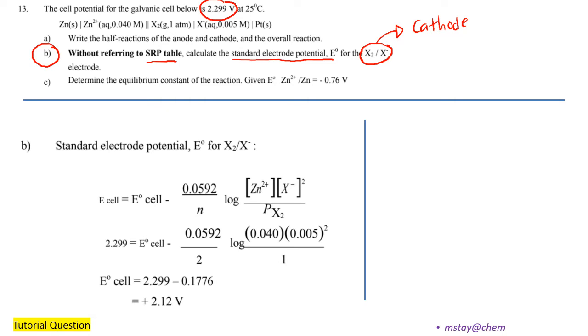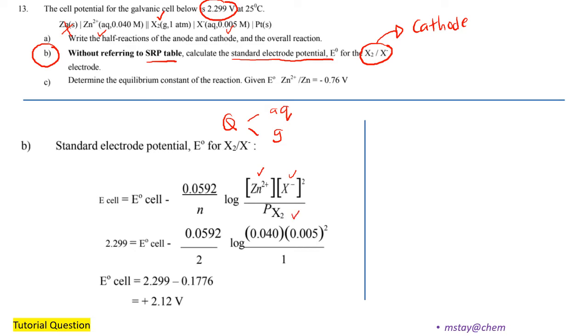The Nernst equation is E cell equals E naught cell minus 0.0592 over n log Q. When you notice this, the product in this case is zinc 2 plus, and X negative is also a product. We always mention that for the reaction quotient, we include the species in the aqueous state and also the gas state. So we will not include the zinc, but we need to include the pressure of X2. That's why we put the partial pressure of X2.